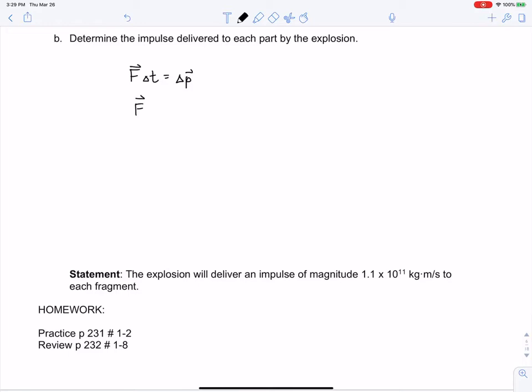So we know that impulse is equal to mv2 minus mv1. In this case, we know v2, and we know that v1 was 0 because the asteroid, before it was split in half, was at rest.